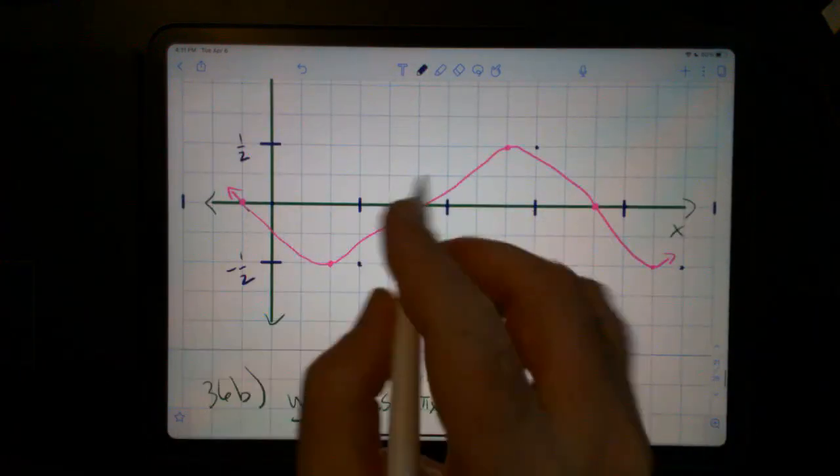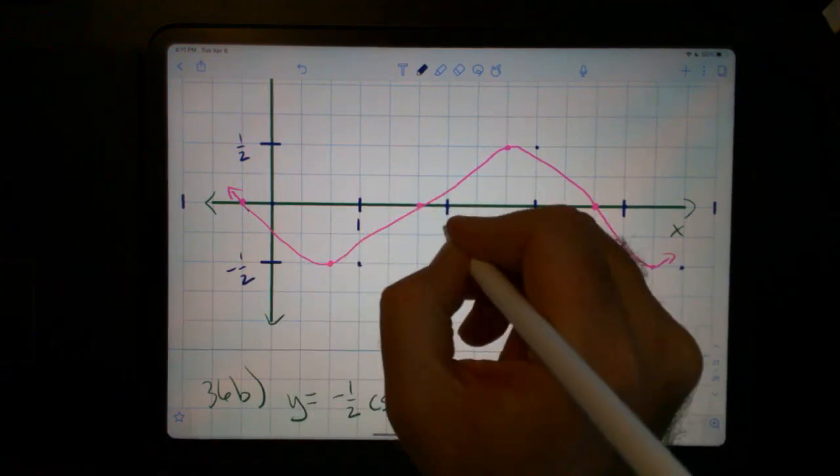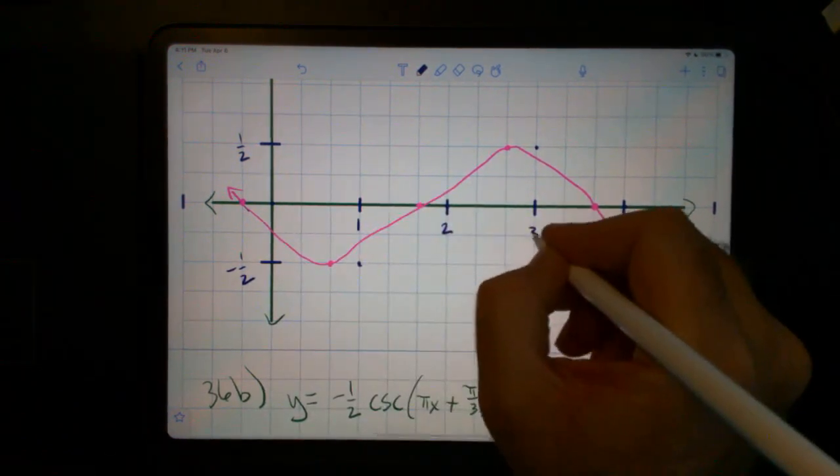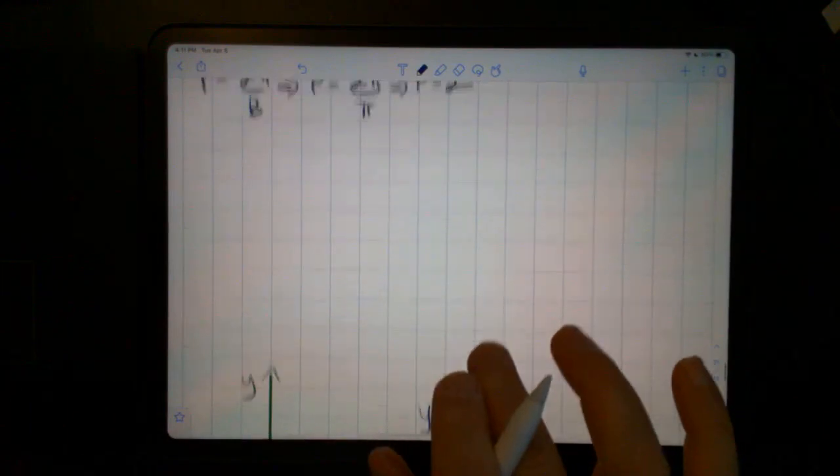And so if each of these is a third, there's my 1, my 2, 3, 4.